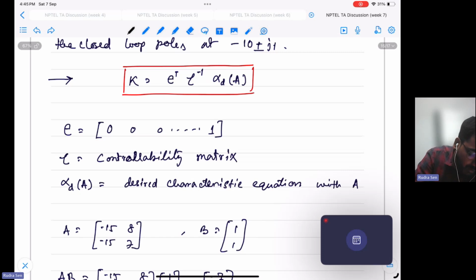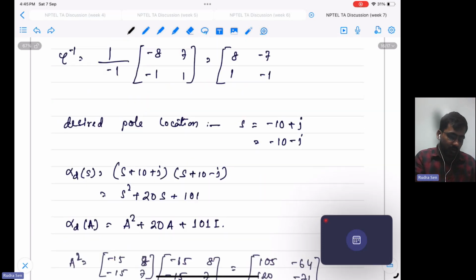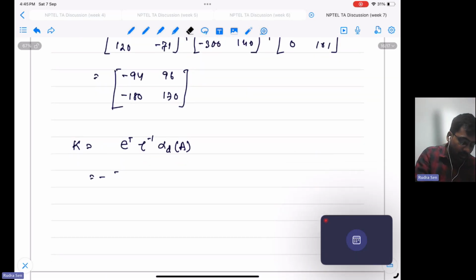This should be a vector, a column vector. That means I have a column vector. When I take the e transpose, I will get e, not minus. So my e transpose would be 0 and 1.